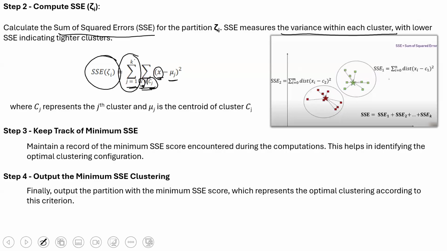That is what sum of squared errors means. That means for every cluster, calculate the squared distance from the mean to every point, and sum all of them. That is what sum of squared errors is.